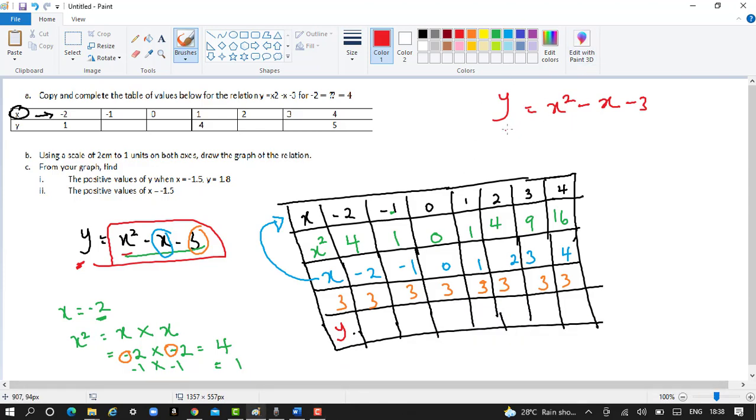So our function here says y equals x squared minus x minus 3. So it means that from the values of x squared here, we are going to subtract the values of x here. And again, we are going to subtract 3 from that particular value. Then what we get will be for our y.